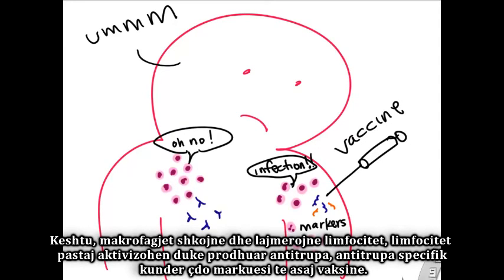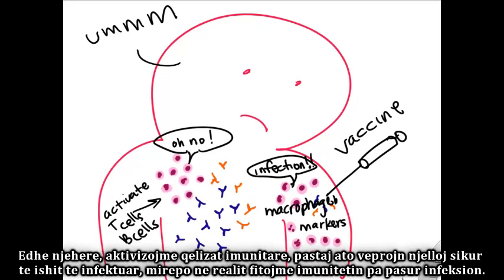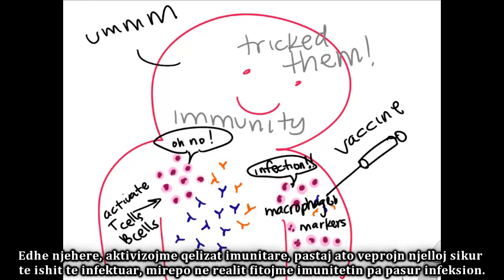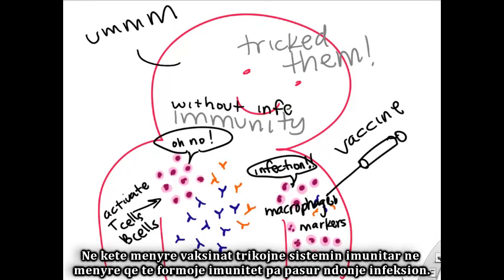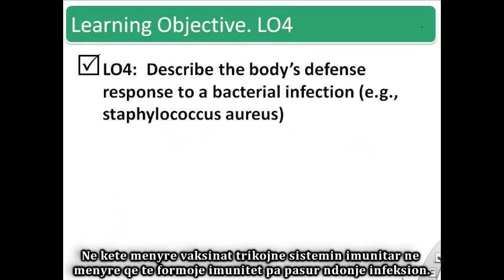The lymphocytes then get activated and can make specific antibodies against whatever markers were part of that vaccination. So again, we activate our immune cells. Your immune cells act as if you were infected, but really you get immunity without getting the infection.